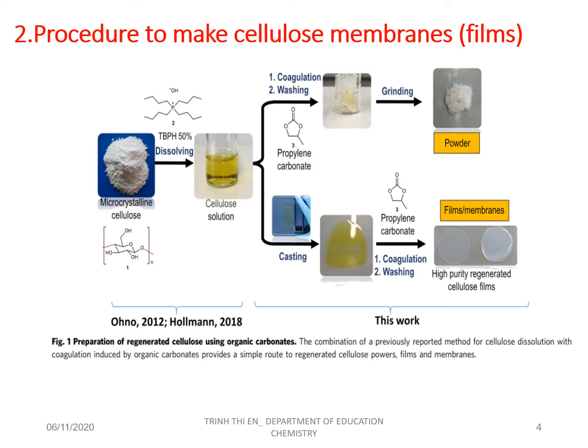The second route is from the cellulose solution: casting, and then treatment with propylene carbonate to make coagulation, and then washing to create two types of film, or cellulose membrane. On the left is a transparent film, which also uses a cold solution, DMSO, and on the right is a non-transparent film.